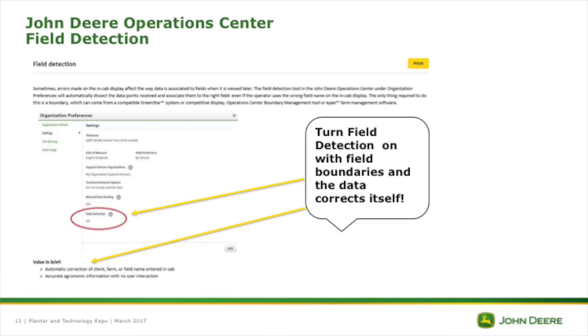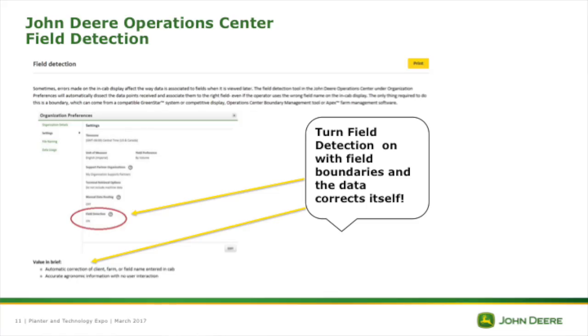Field detection. This is pretty slick. How many times have you, the operator, maybe had someone else in the machine and he called the farm something else? If he was in the combine or planter, it's not his fault. Everybody does it.